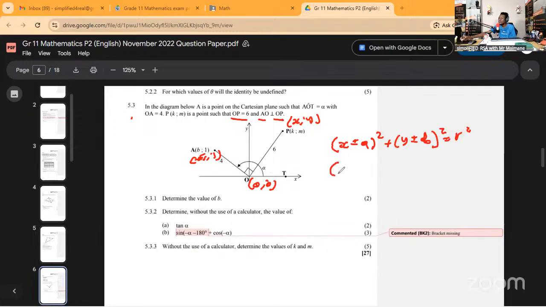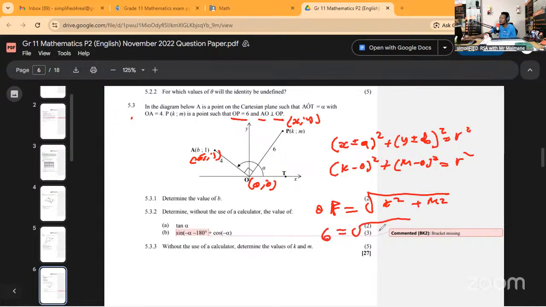So in your case, I would say k minus 0 squared plus m minus 0 squared is equal to r squared, which gives me the distance formula of OP to be the square root of k squared plus m squared. As much as you know what OP is, you're going to have 6 equals the square root of k squared plus m squared. As much as that is 5 marks, don't you think that is taking you way too far?